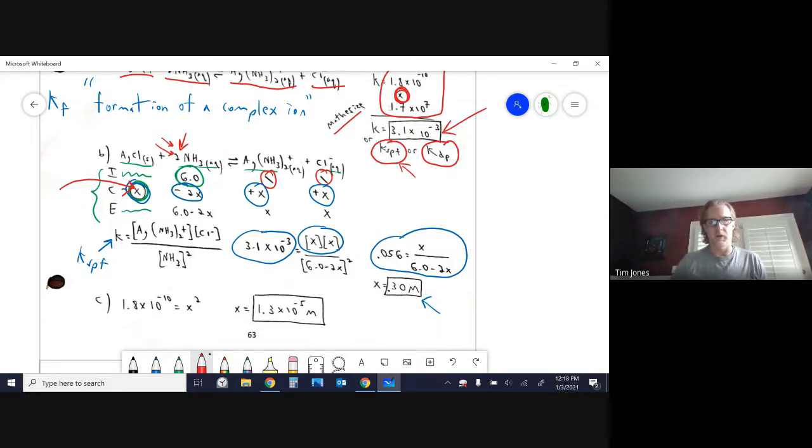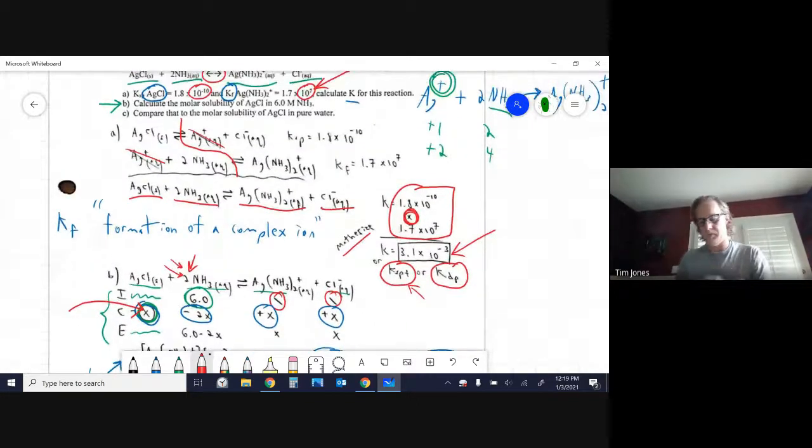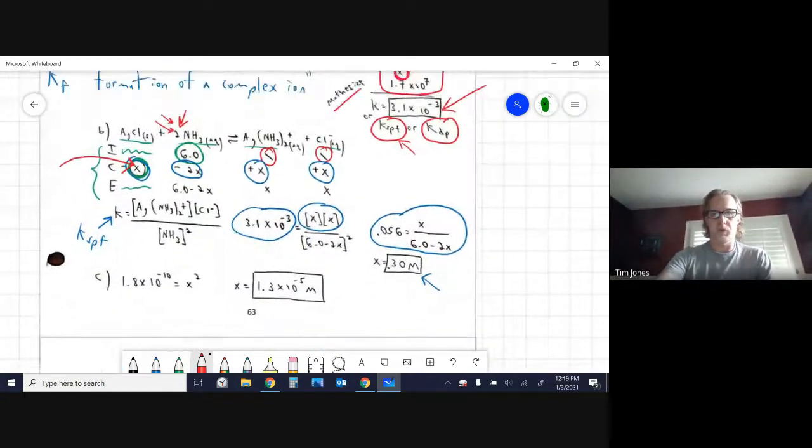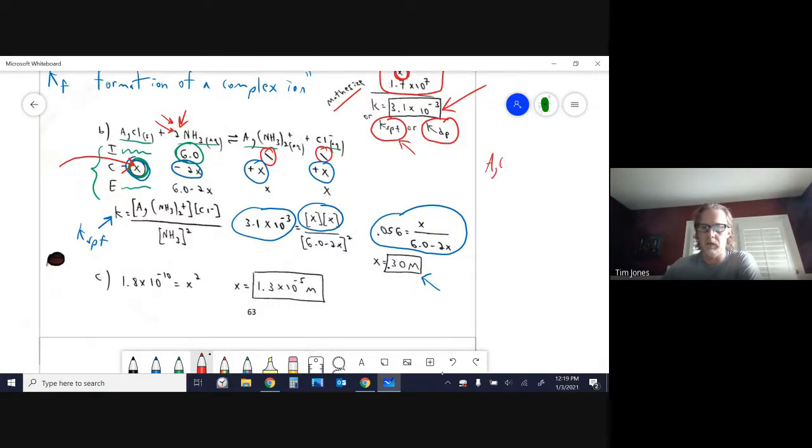Now, just out of curiosity, I added a question C. Let's compare this to the molar solubility of silver chloride in water, no ammonia. And I didn't go through the work, but this is where you would write out a KSP expression. So you would just say AgCl solid, and you do the normal thing where you have Ag plus aqueous and Cl minus aqueous.